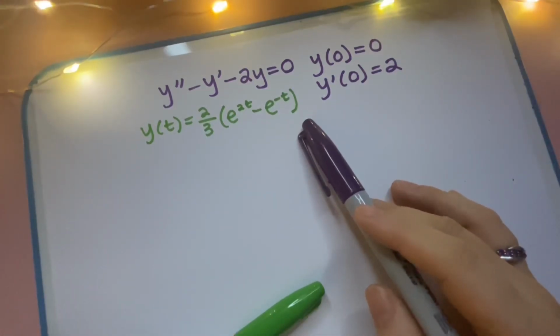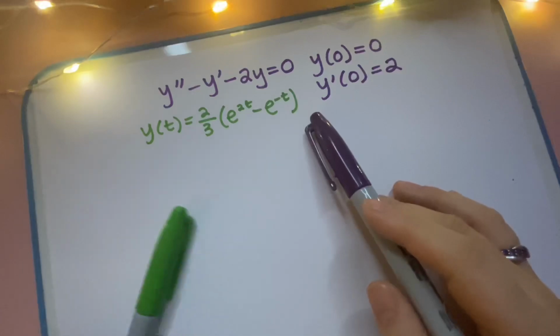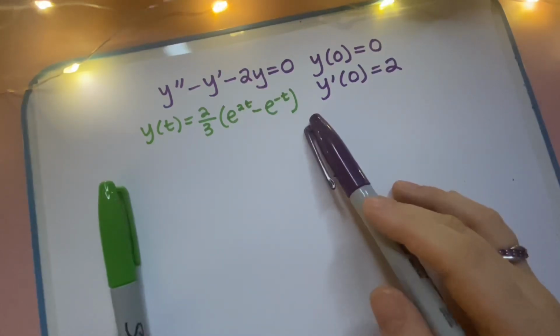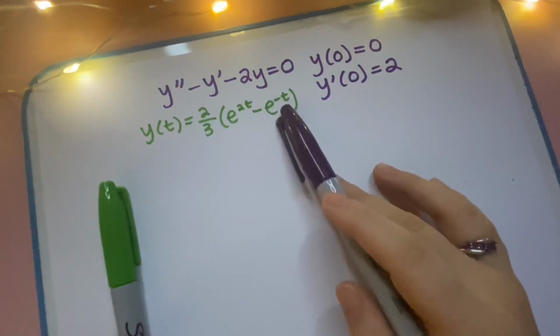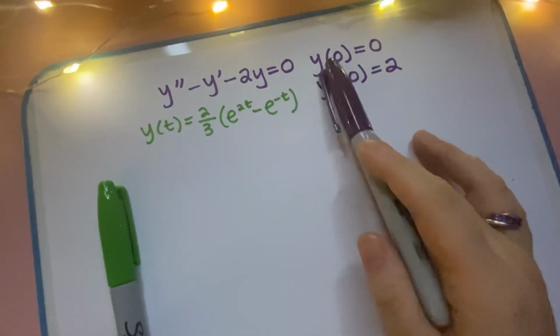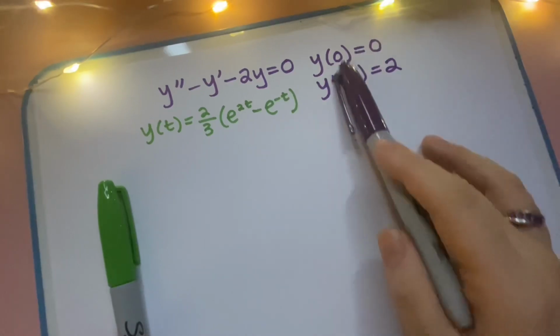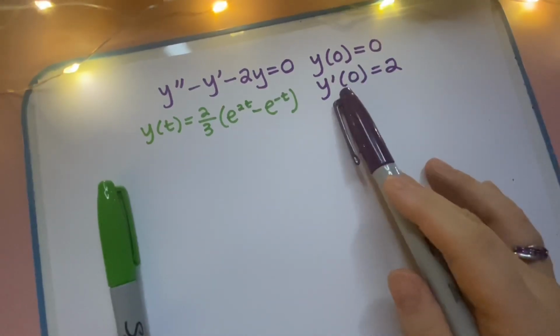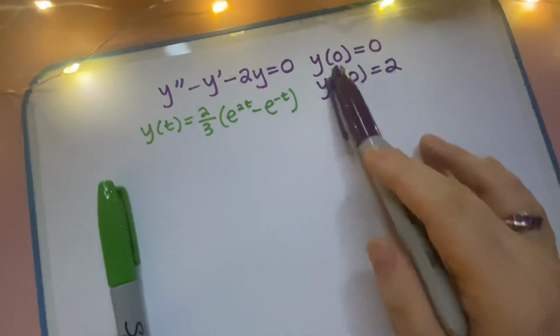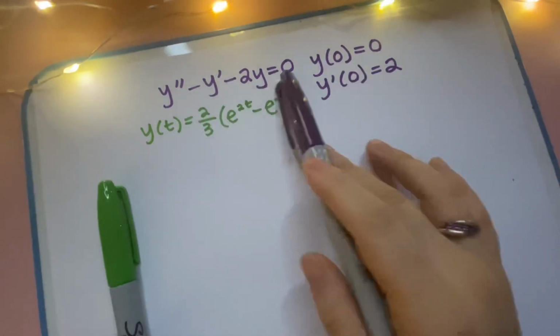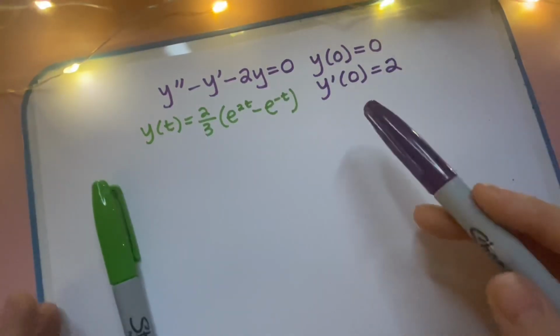So in order to do that, I did want to mention, since this did come up, that this is a unique solution. This is an initial value problem, so we are given these conditions. If we were not given these initial values, then we could just get a general solution.